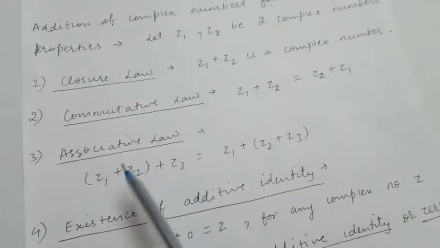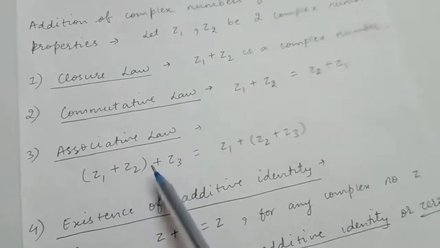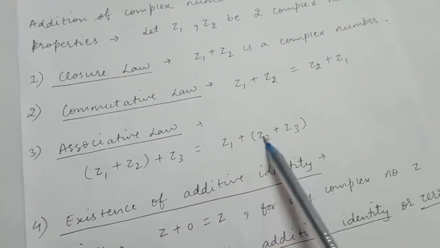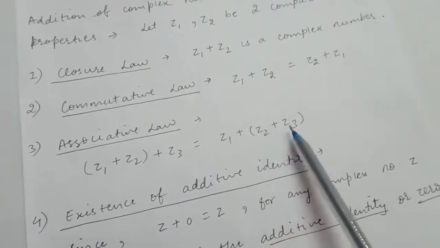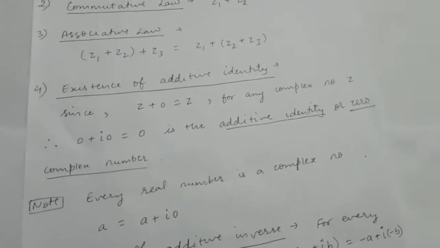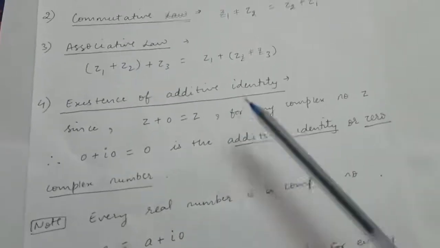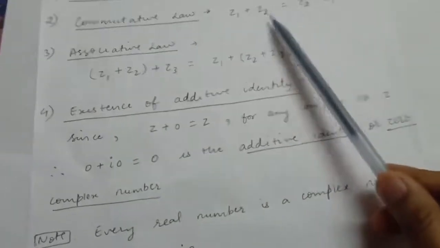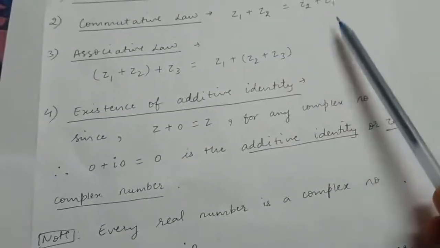Associative law says that (z1 plus z2) plus z3 is equal to z1 plus (z2 plus z3), right? So they can ask you to prove these laws in any question. They will give you the complex numbers and ask you to prove the commutative law. So you have to prove that z1 plus z2 is equal to z2 plus z1, right?